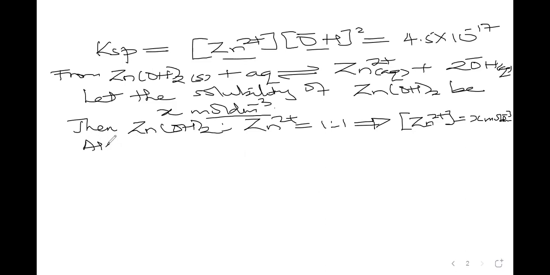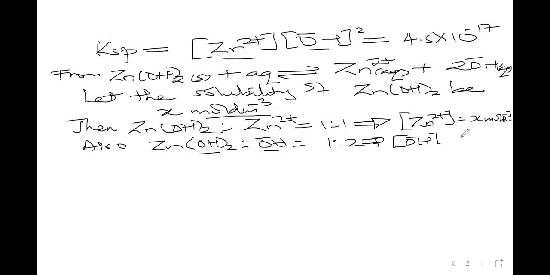Then also zinc hydroxide to hydroxide ion concentration. According to the equation, the mole ratio here is 1 to 2. This implies that the concentration of the hydroxide ions is equal to twice X moles per liter. What does this imply?